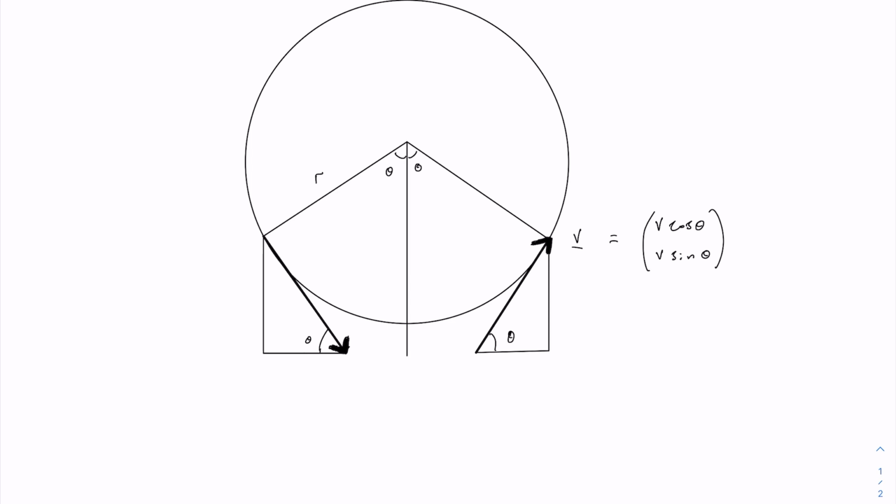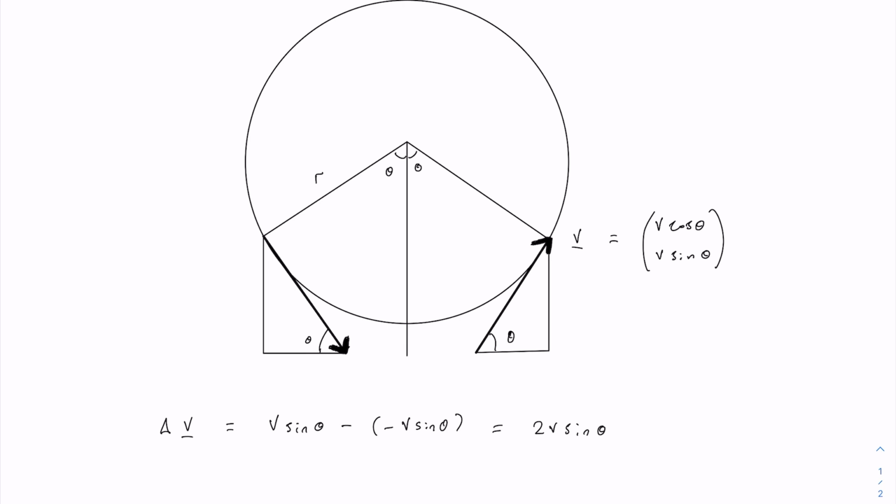And that change in velocity then, which we can call delta v, the difference between the two velocities, is v sine theta minus v sine theta, which is 2v sine theta. And notice that the direction of that change is the positive y direction, and that's how we can conclude that whatever the magnitude of this acceleration may turn out to be, its direction is towards the centre of the circle.